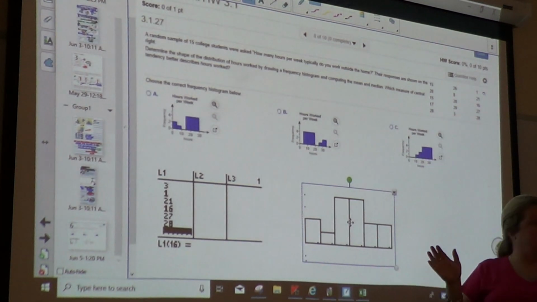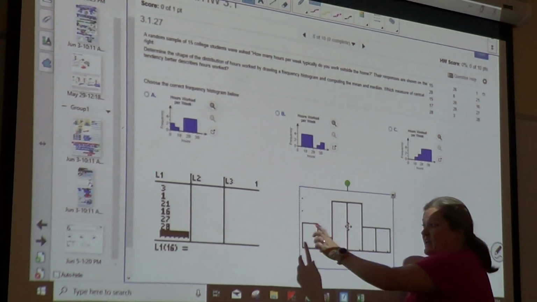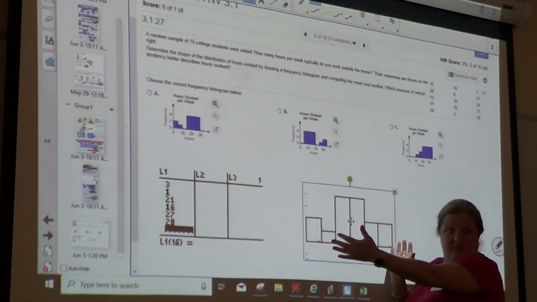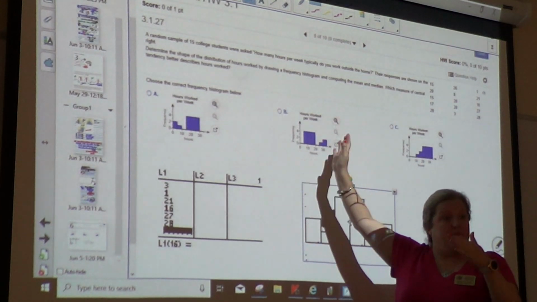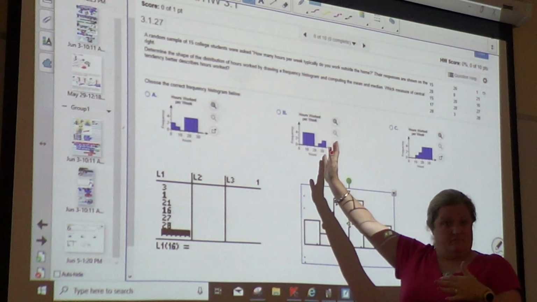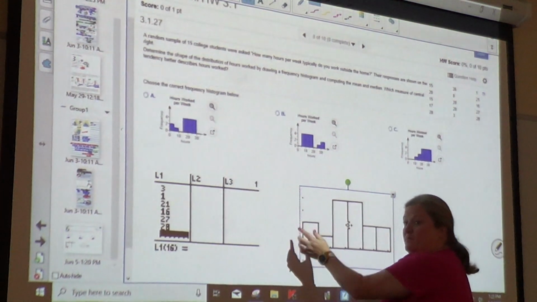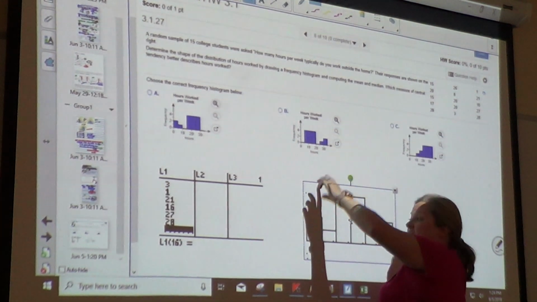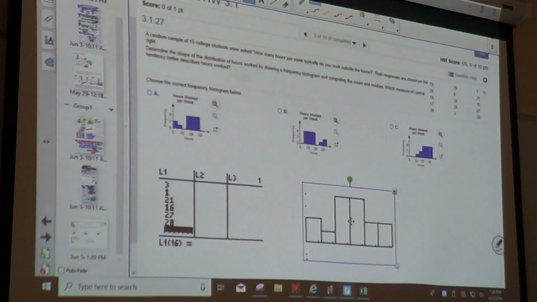So your calculator has free range of what class width and what height. It may or may not match what my math lab chooses. Okay? So we need to make the class width match what theirs are, and we need to make the frequencies match what theirs are. So here's how we do that.